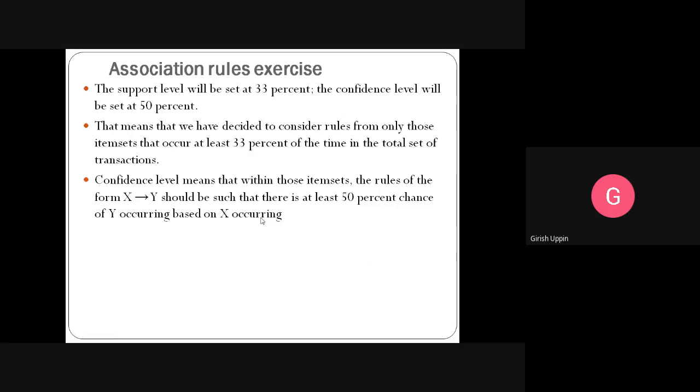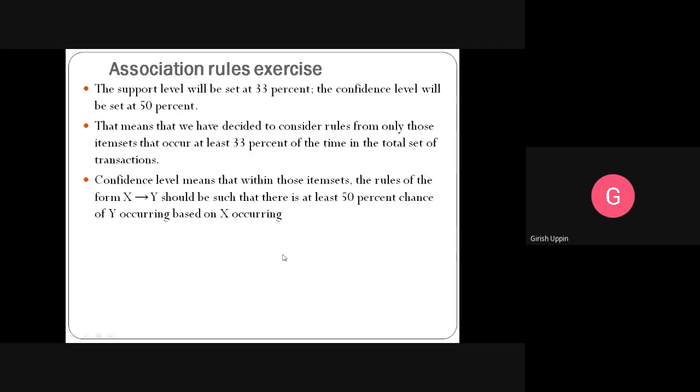In the association rule exercise, we are going to set the support level at 33% and confidence level at 50%. So we are going to pick those items which are having support greater than or equal to 33% and confidence greater than or equal to 50%. That means we have decided to consider rules from only those items that occur at least 33% of the time in the total set of transactions.